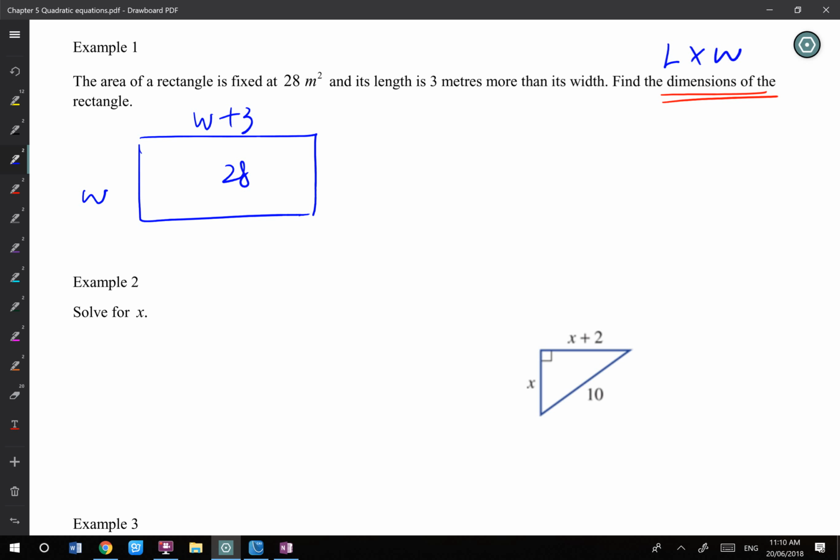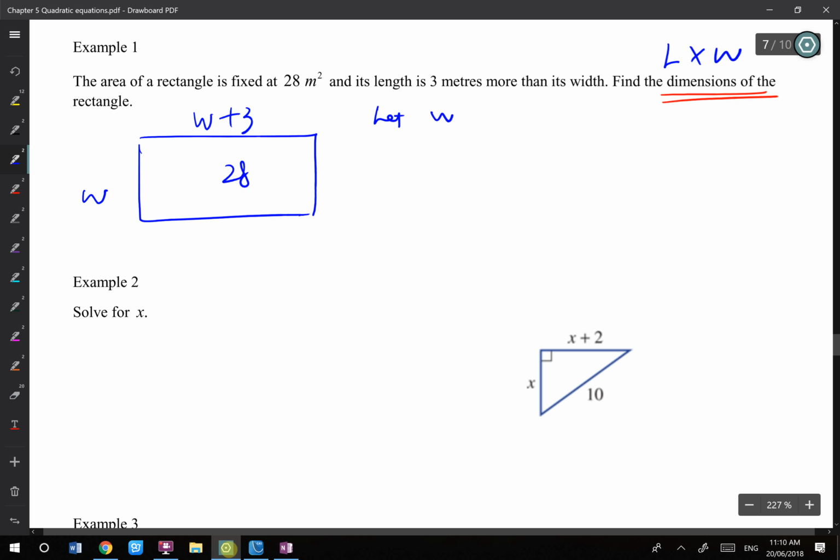So the first sentence you need to write is: let W be the width of the rectangle.